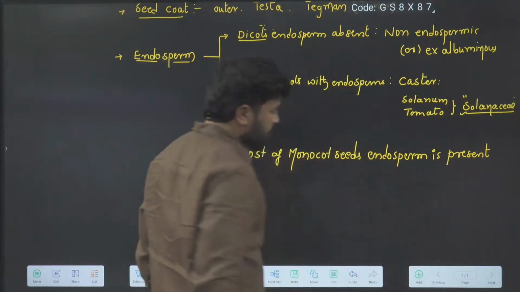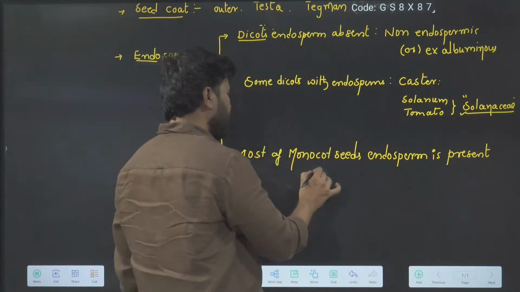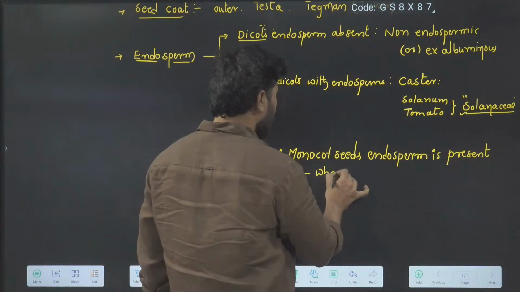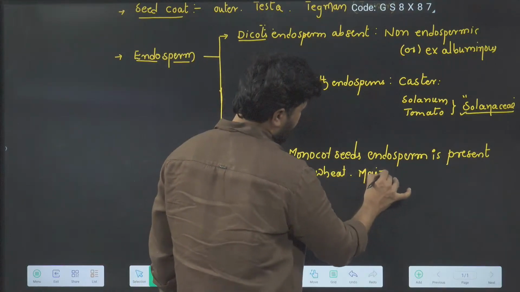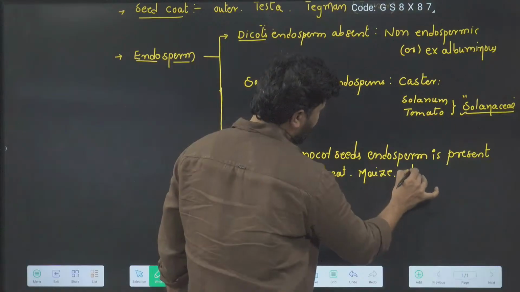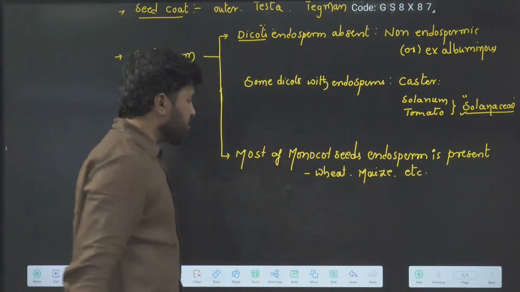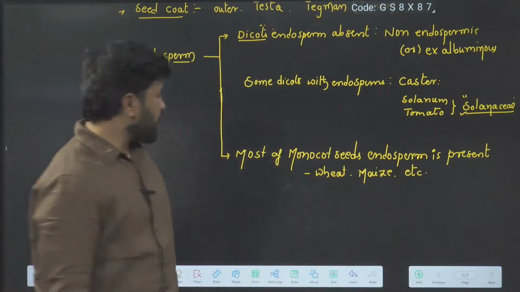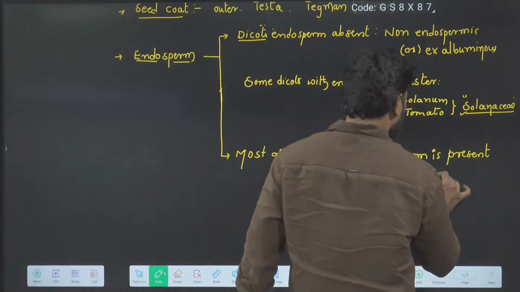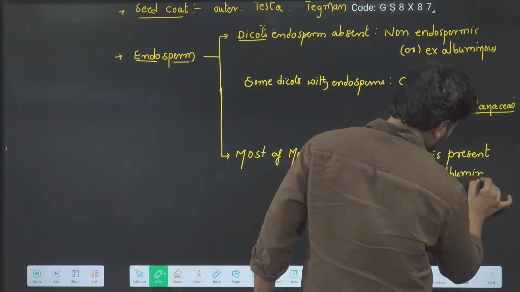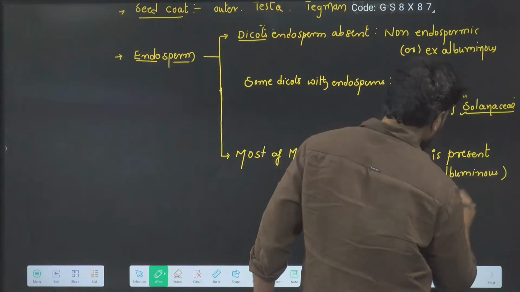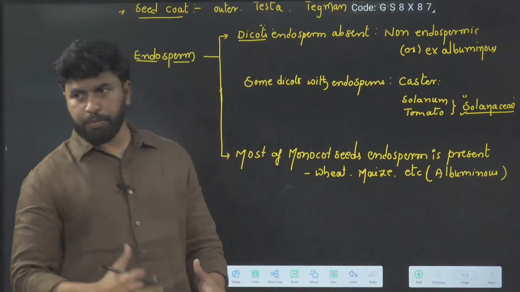Most of them, for example wheat, maize, rice. You can take many monocots, and most of them will have endosperm. Such kinds of seeds are called albuminous seeds, or you can call them endospermic seeds.